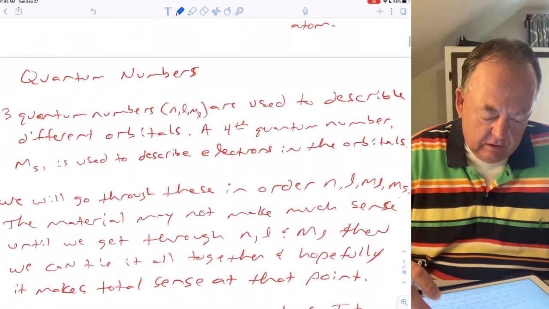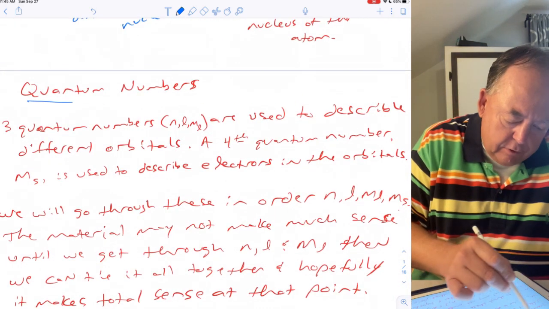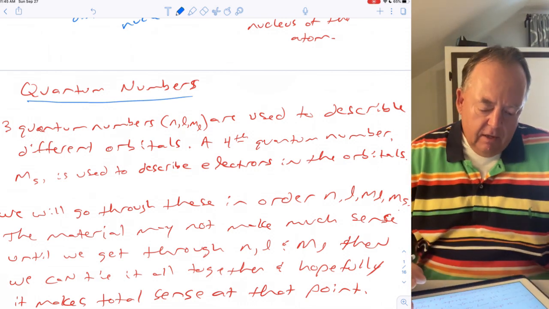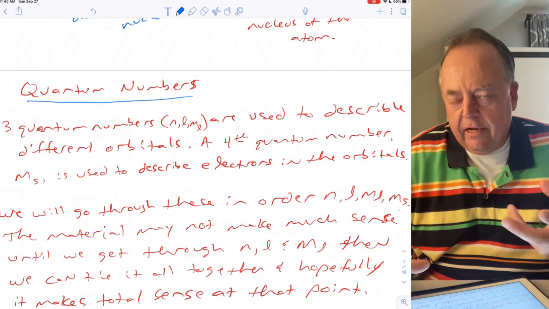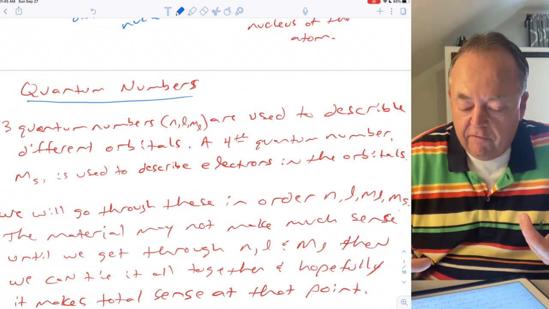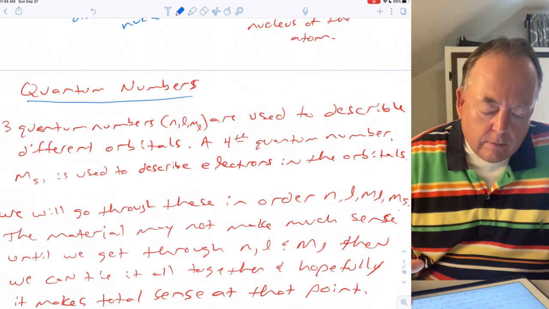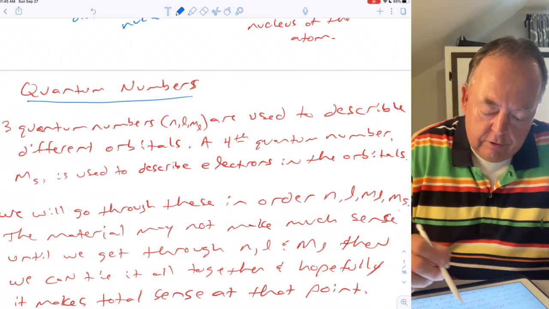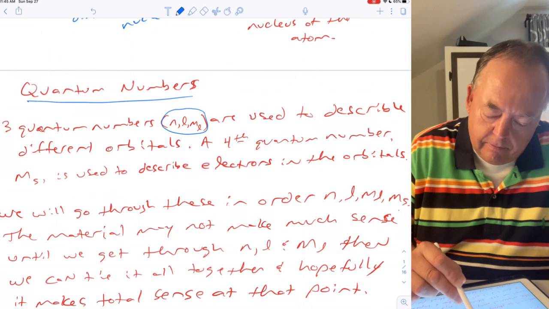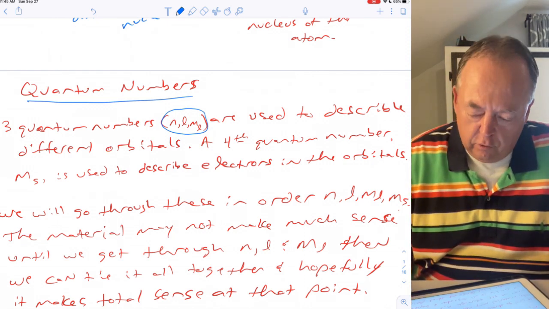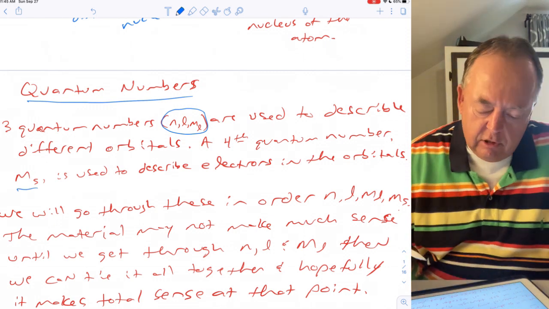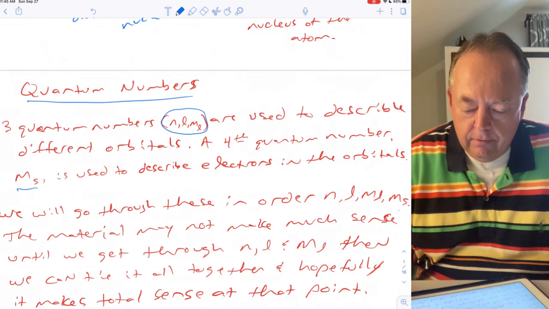Okay, so quantum numbers are basically utilized to provide something like an address for where you can find an electron in an atom. And so there's 4 quantum numbers. 3 of the quantum numbers, N, L, and M sub L, are used to describe the different orbitals. And the 4th quantum number, M sub S, is used to describe the electrons in that orbital.